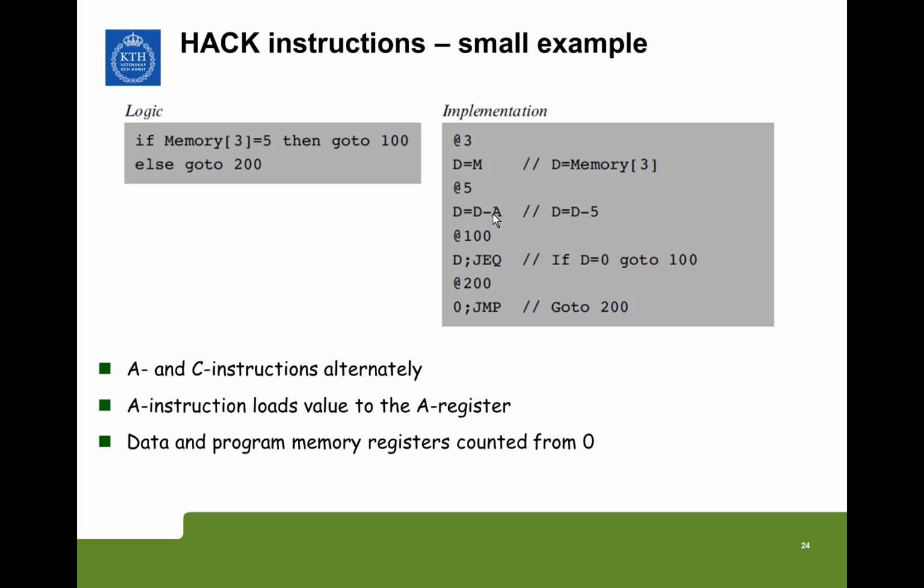So we need 2 branches, and you will see the 2 branches here and here. So first we load the first possible ROM address, and then we give the instruction that if the content of the D register is equal to 0, then go to 100, and then we give the address of the other kind of jump and make the jump anyway.